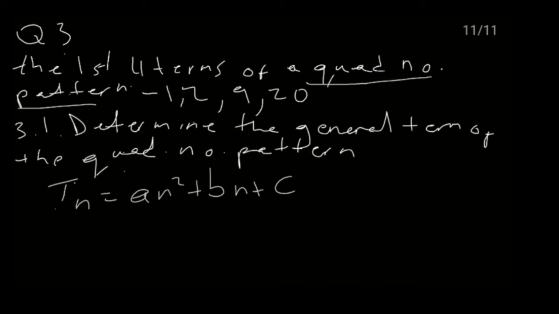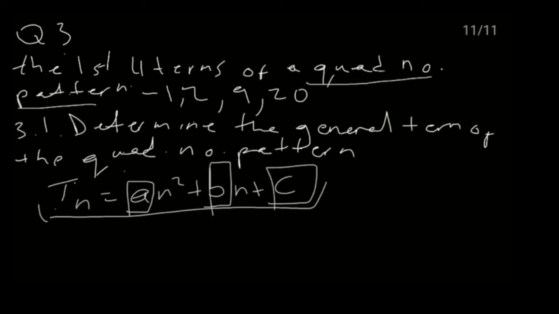Now they want you to write the general term, right? Now for you to be able to do that, you need your values for a, you need to know what b is, you need to know what c is, right? Now before we do that, let's write down our first difference.